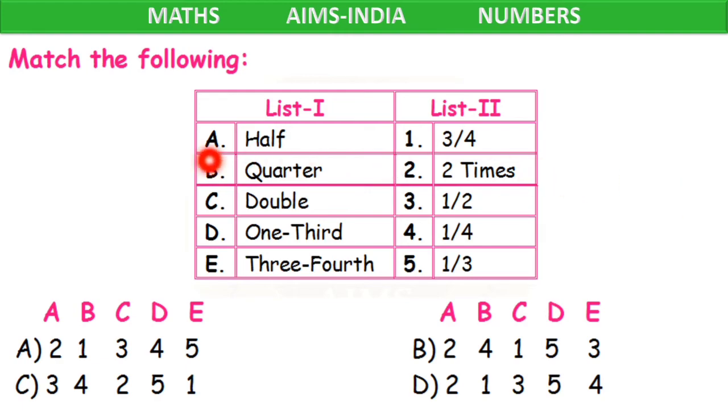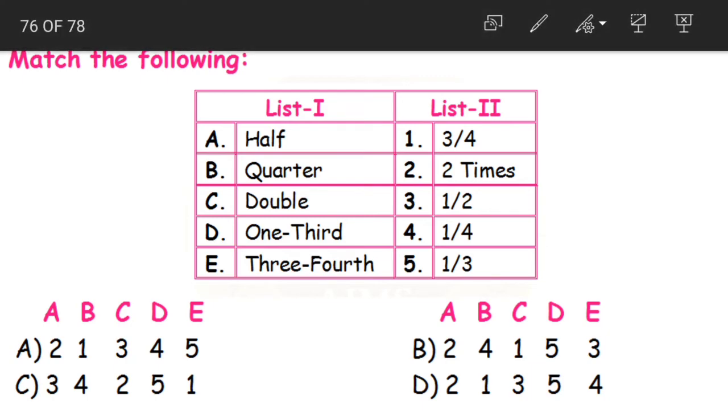Next. Now match the following. See children, again what I say is that match the followings are the easiest to solve. Even if you know two answers, then you will be able to solve all of them. Now if you look at option A, half. Half means what? 1 by 2. We all know that. Yes or no? A is 3.